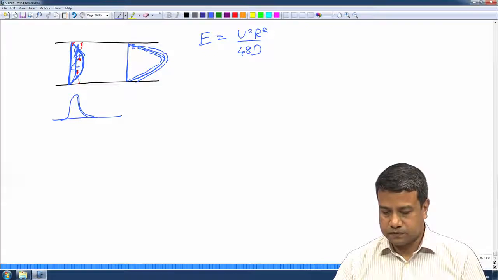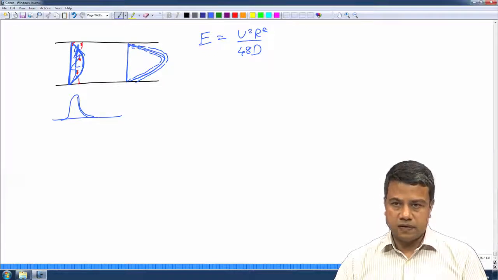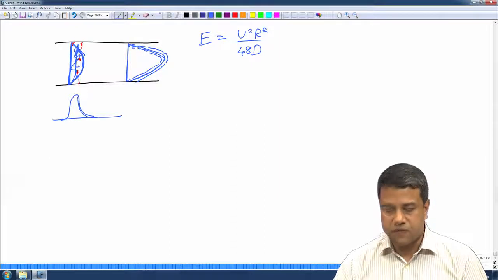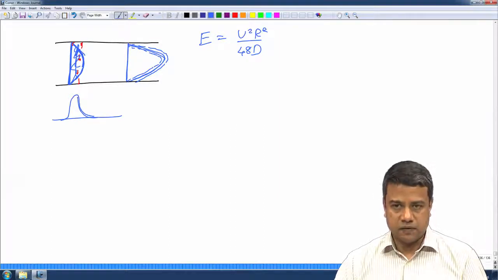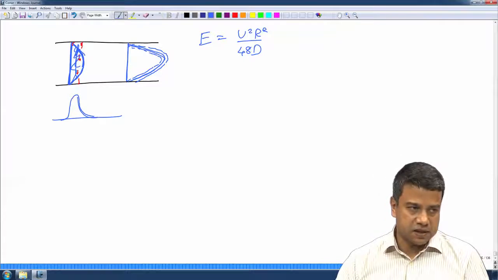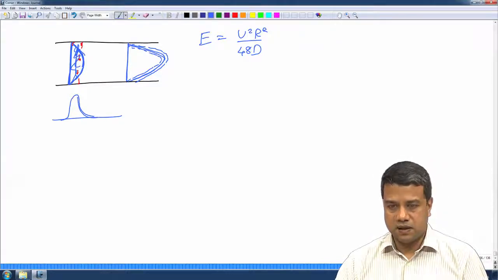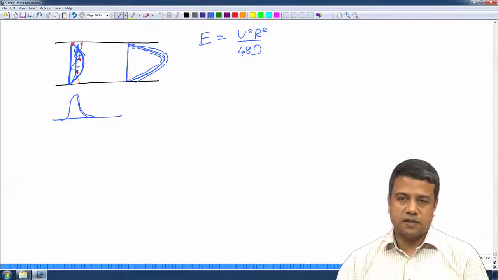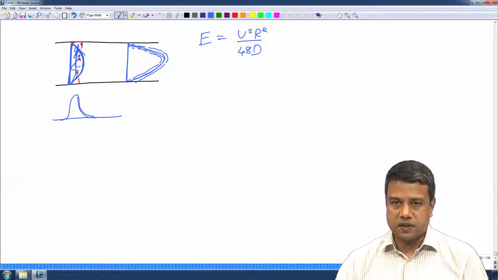This I have solved for you for a simple laminar flow problem, where there is diffusion and a laminar flow, molecular diffusion significantly enhanced by convection, resulting in dispersion. Similar things happen in turbulent flows. In turbulent flows you have fluctuating velocities.